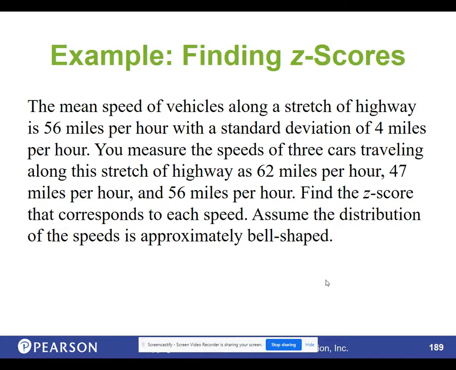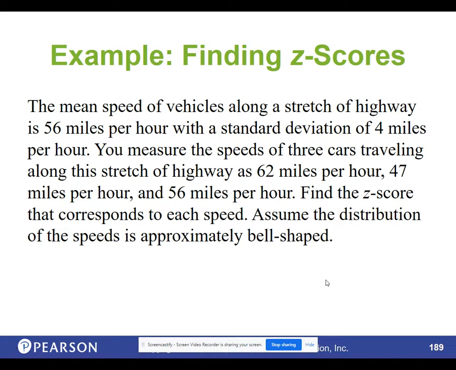Let's find those z-scores. 62 minus 56 divided by 4 is 6 over 4, or 3 over 2, or 1.5 would be that z-score.